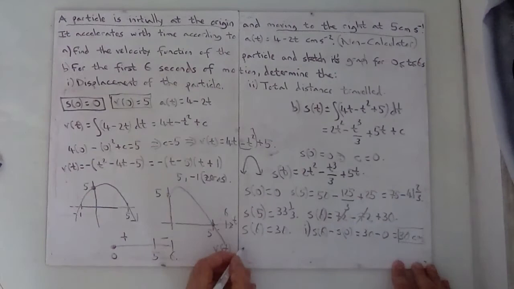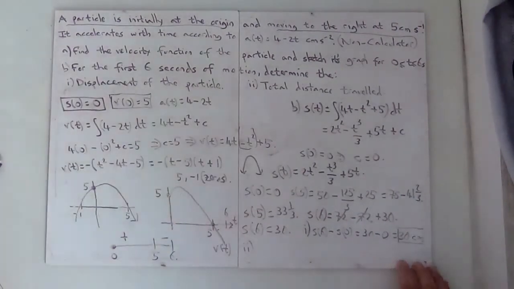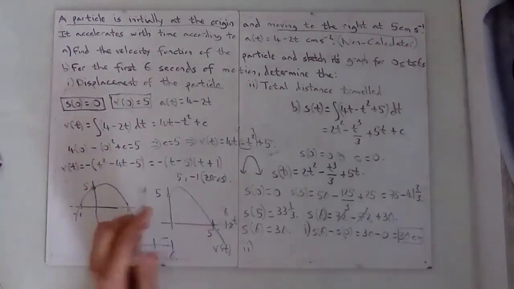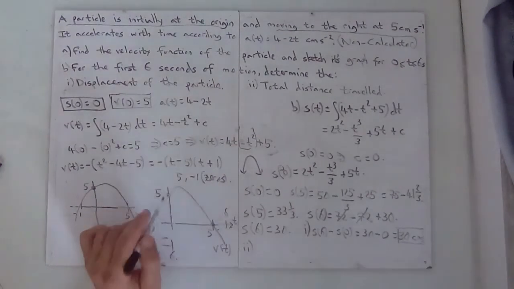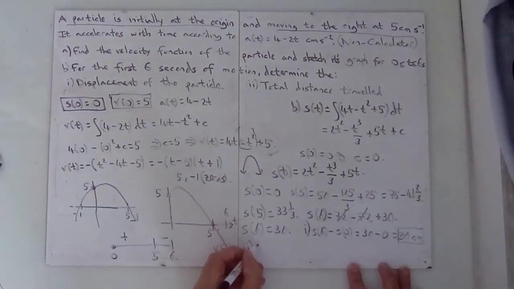For B2, it is asking us for the total distance travelled. Well, the bit between 0 and 5 is all positive, so it's going to be S5 minus S0.